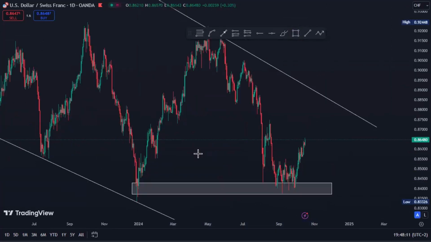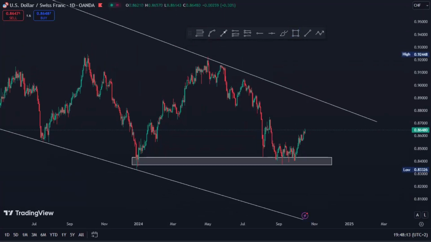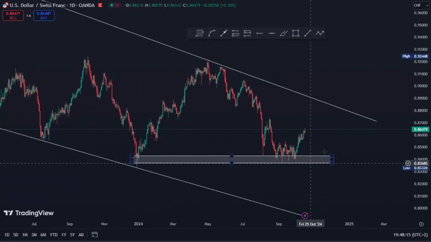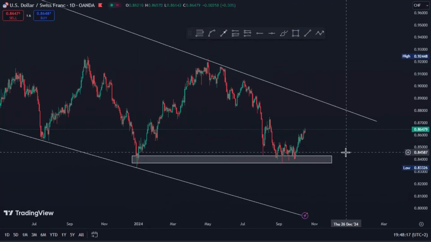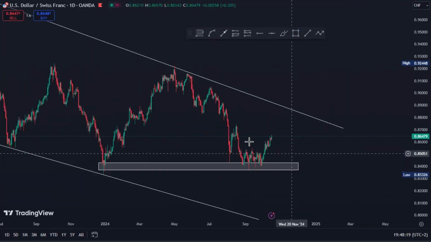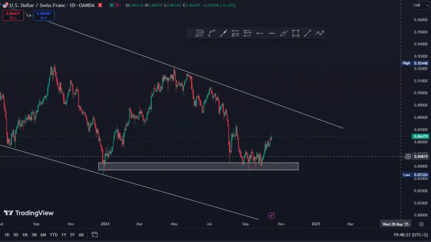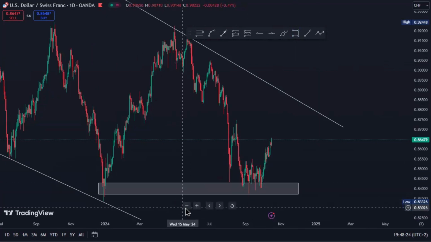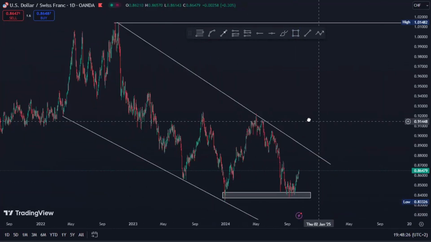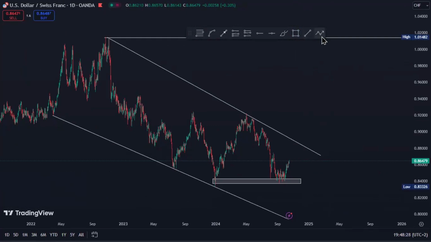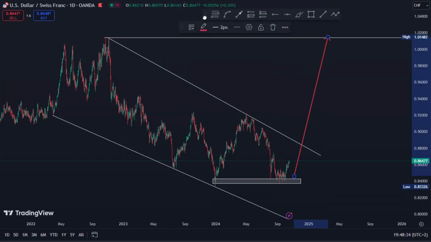The market created a double what? Bottom. When the market creates a double bottom, that's a change of direction, meaning here it was going down, now it's going up, guys. With this one, I am sure that we are going to push up to that point to complete the 90%.